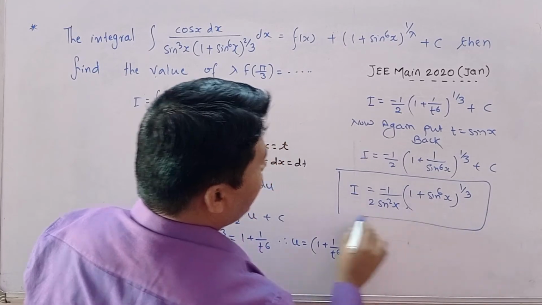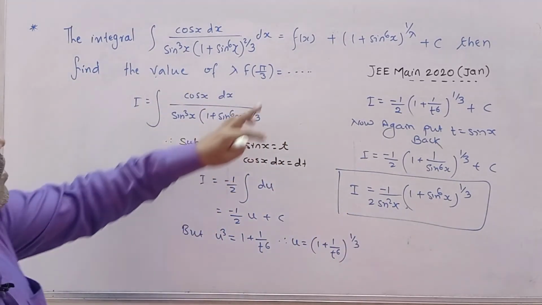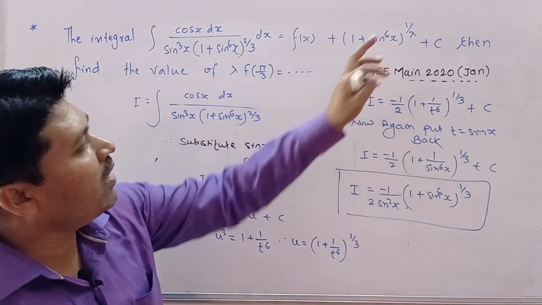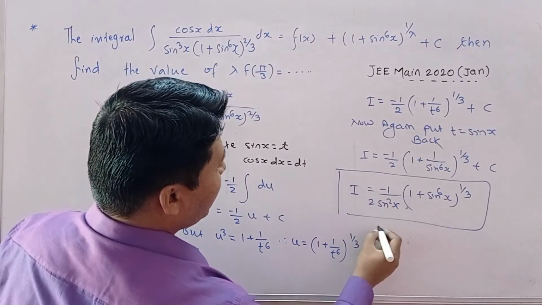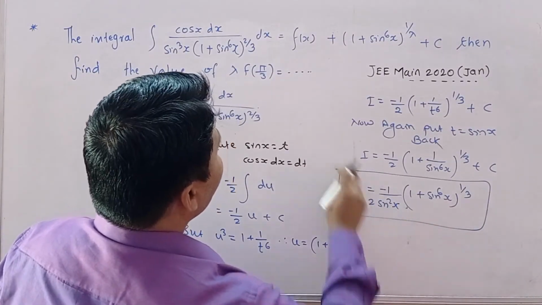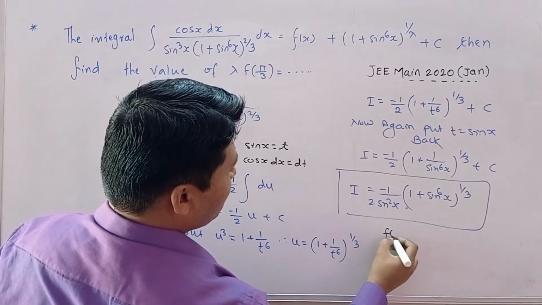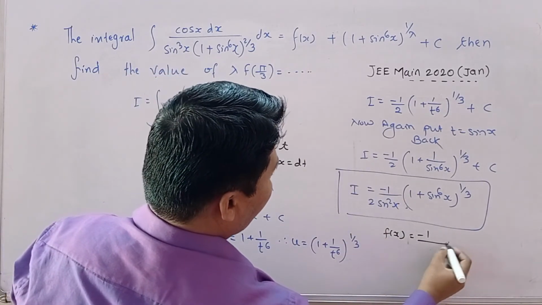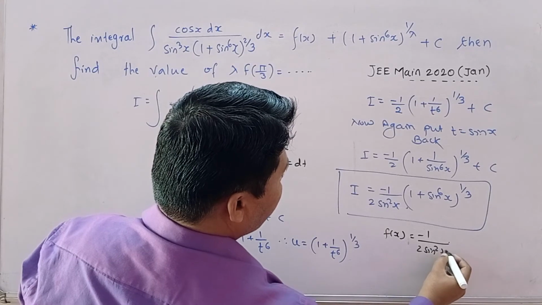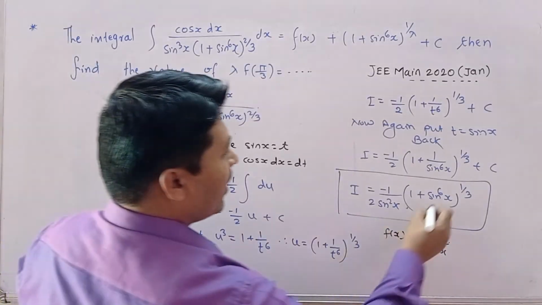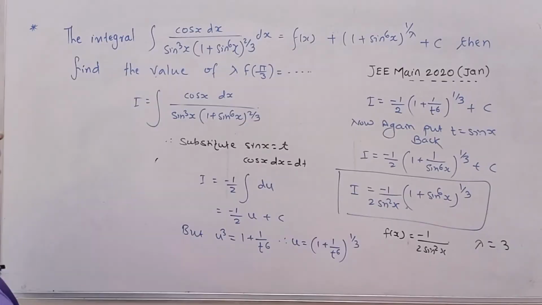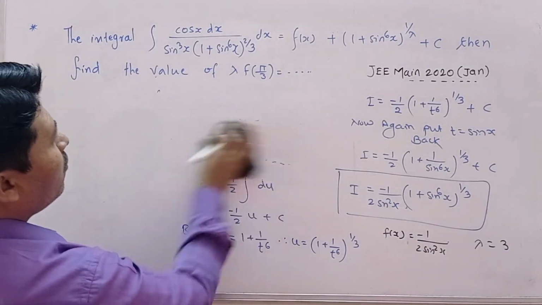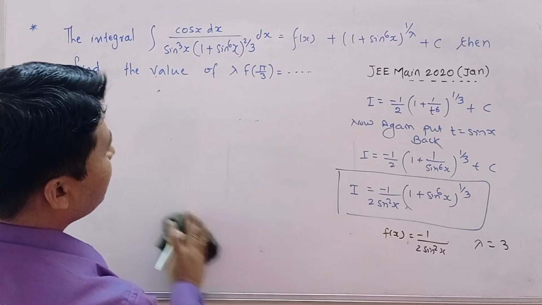We can find the value of f of x and 1 by lambda, that means lambda. Here we observe that this term is the function f of x, and lambda is equal to 3. Now we find the value of lambda f of pi by 3.